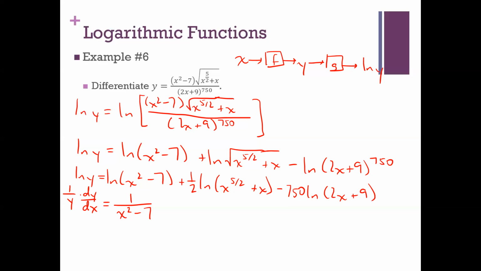I'm not going to say it's equal to that, but it contains it. What else has to be involved here? Multiply by 2x. That's the derivative of the inside function. Yes. So that's the derivative of that first term. This next one's going to be 1/2 times something. What's the derivative of the natural log of x to the 5 halves plus x?